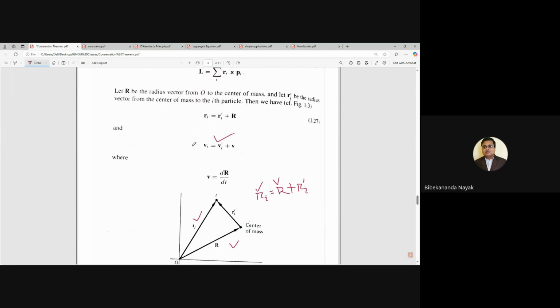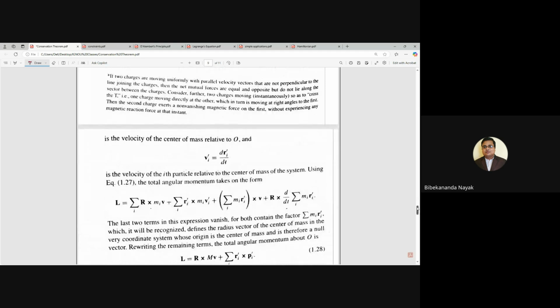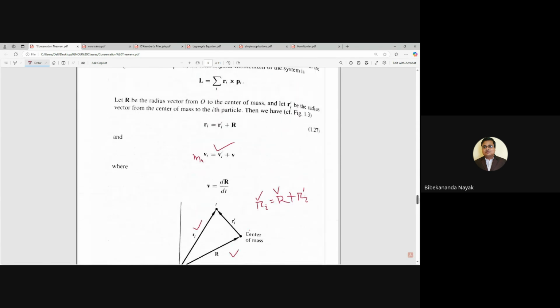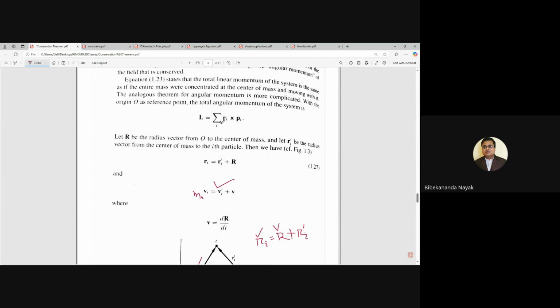Momentum is equal to mi Vi, so mi V plus mi Vi prime. Angular momentum is equal to Ri cross Pi. In place of Ri, put Ri prime plus R. In place of Pi, put mi Vi. In place of Vi, put this.